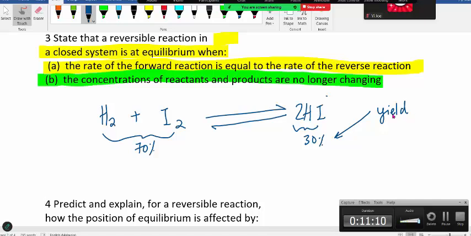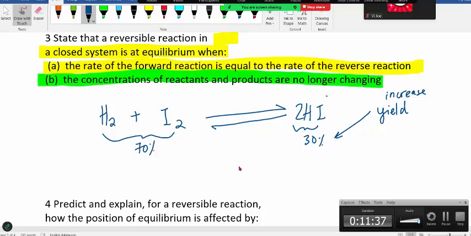Now, do I want to make it go more product or less product? Of course, I want more product, right? So I want to increase the yield. Increasing the yield means I want to push it to the forward reaction or the reverse reaction? Forward.